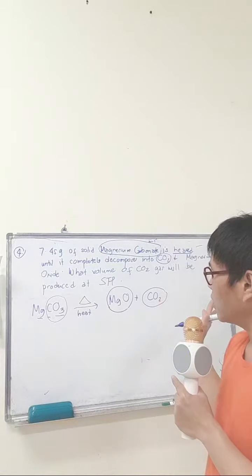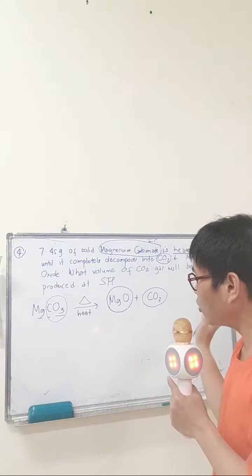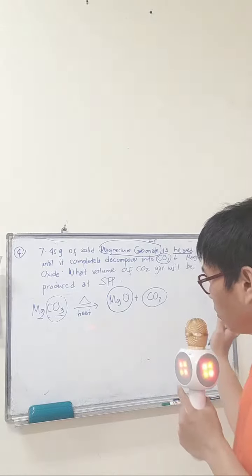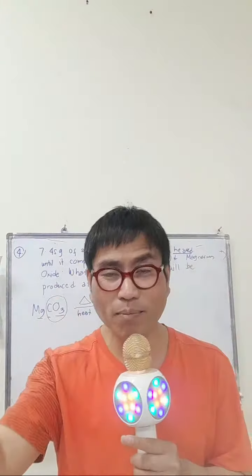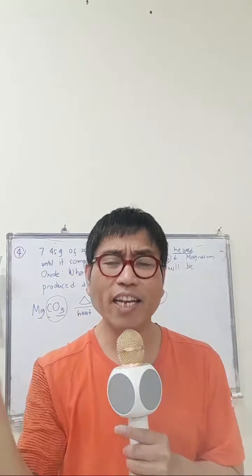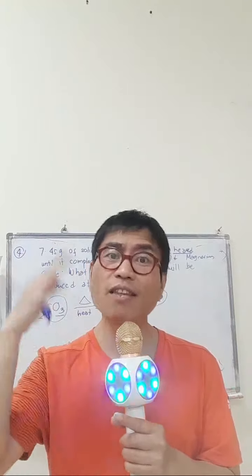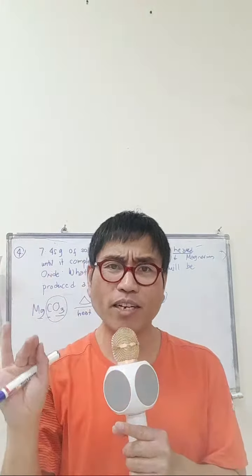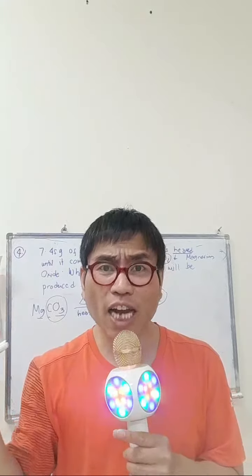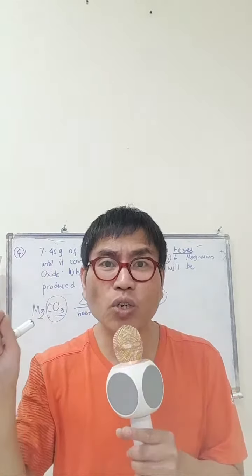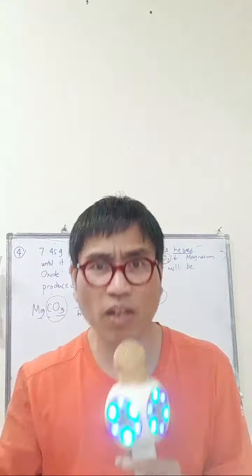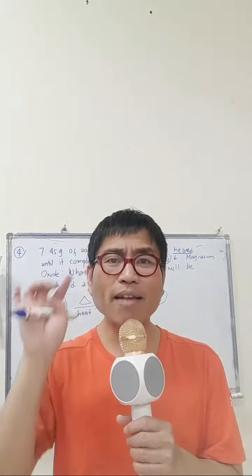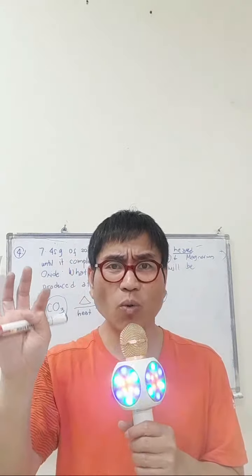Now, put charges just to prove it. This magnesium oxide is already a neutral compound, because we don't put a charge anymore. Again, if we don't put a charge at the top of the compounded element, that is neutral, meaning the net charge is equal to zero: positive charge plus negative charge equals zero.